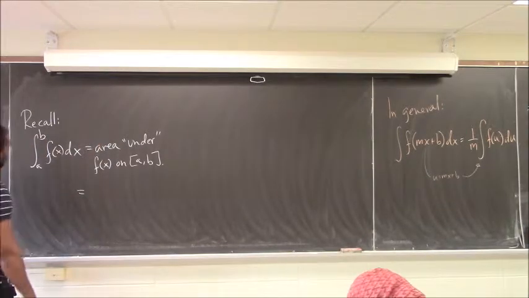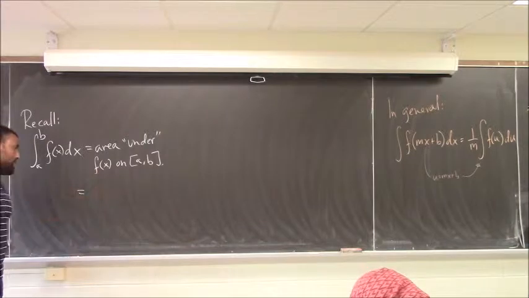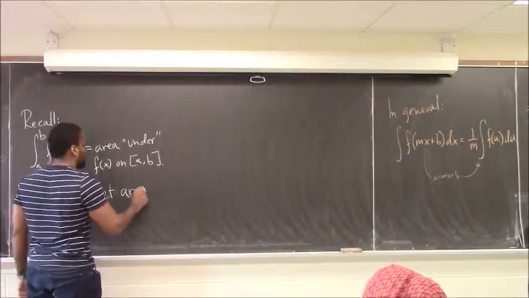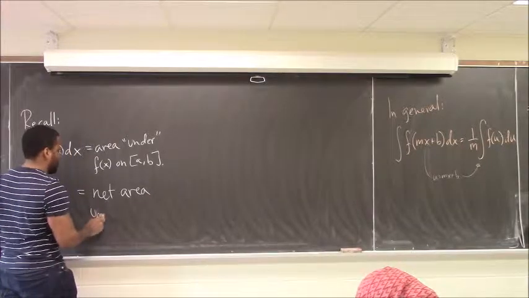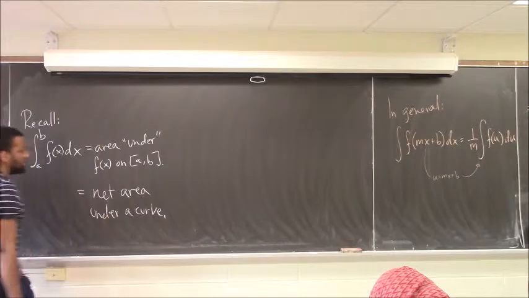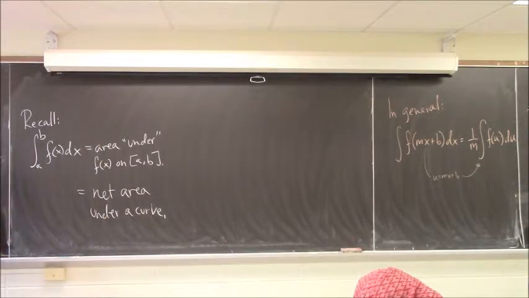You may or may not have noticed why that is in quotations: it's because this is talking about the net area under a curve. I mentioned last time that the way we set up Riemann sums was based on the heights of our rectangles, which was given by our function.